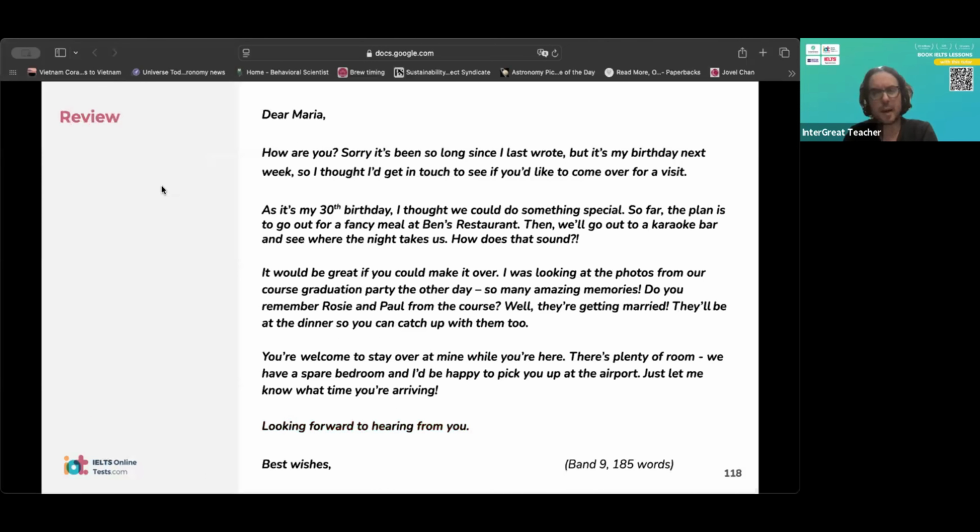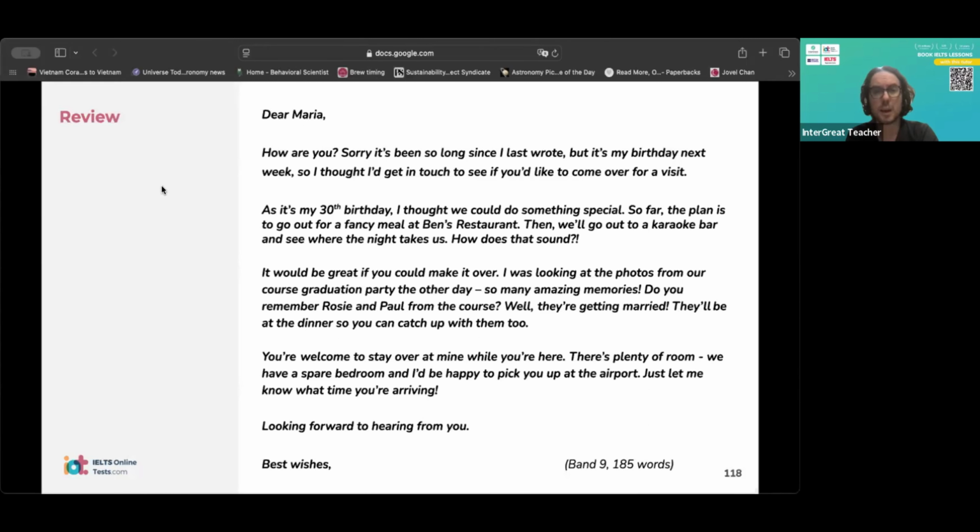This answer comes in at a band 9, and it is a total of 185 words. If you are aiming to get band 7 and above, you should write somewhere about this amount of words. So you should write 170 or 180 words if you can.